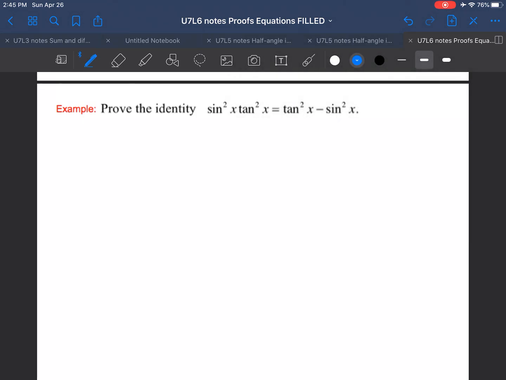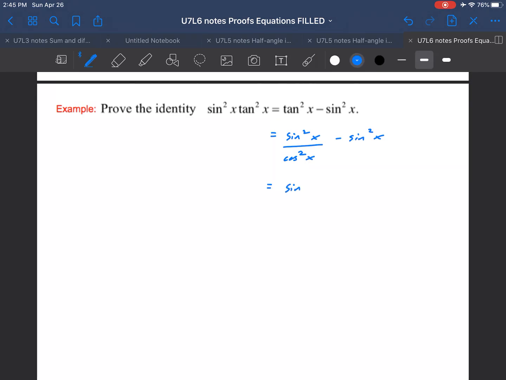Okay. So tan squared, well, that's really sine squared x over cosine squared x minus sine squared x. All right. I know if I want to combine these, I need a common denominator, so I have to multiply this by cosine squared over cosine squared to combine with this, right?